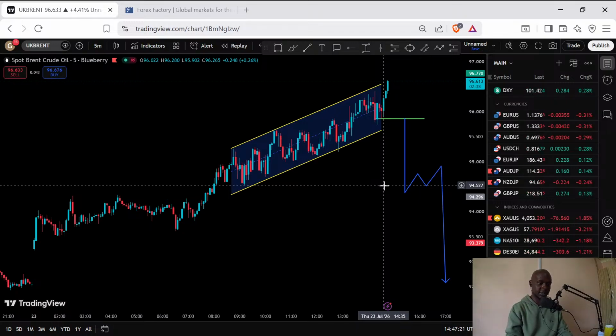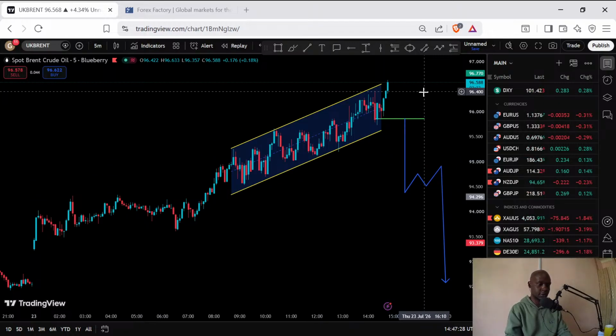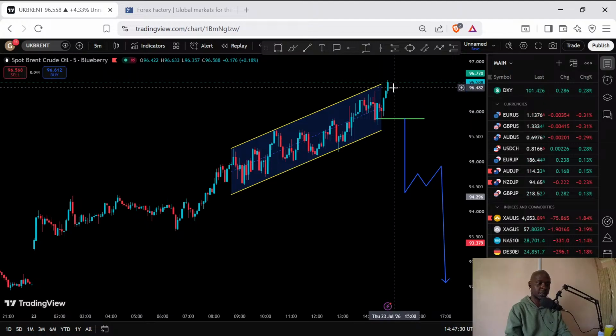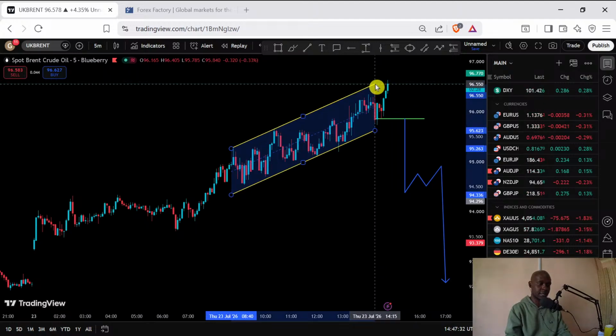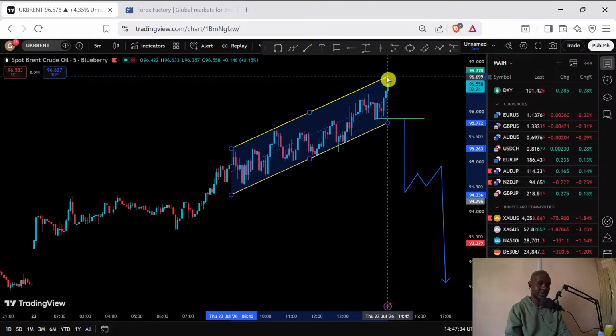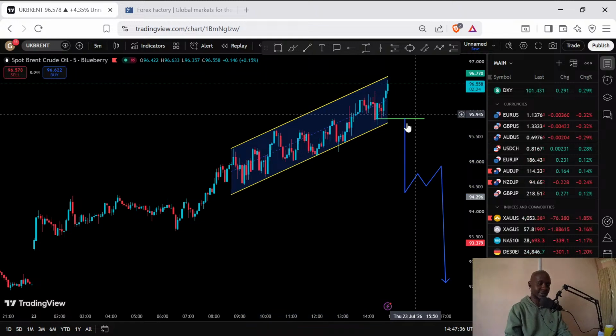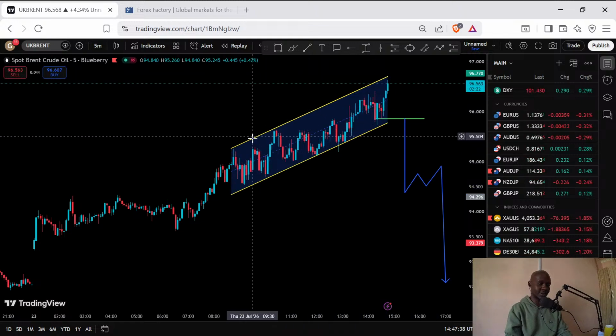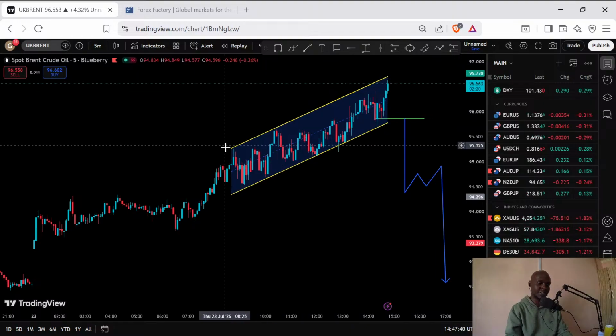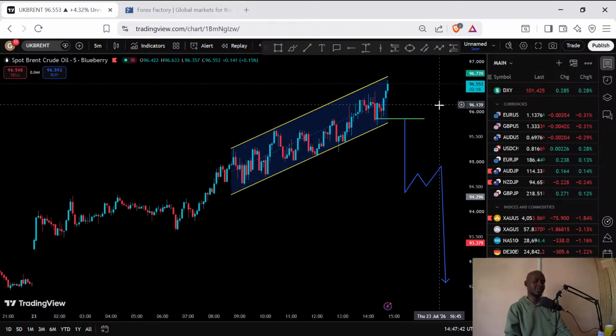There are some buyers in the market, but it's still going to wait for the buyers to be completely exhausted. Yes, we are pushing towards that touch point, the upper trend line.